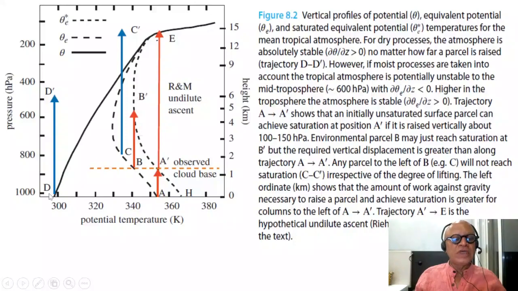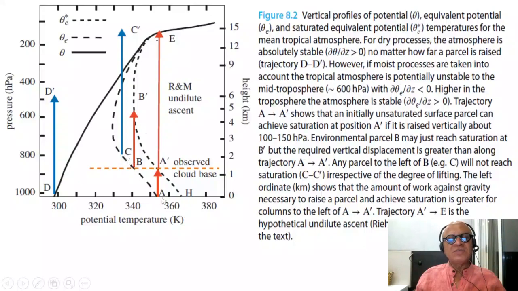We already know that when you raise an air parcel from the surface as a dry parcel, there is no condensation heating, there is no buoyancy change. It is just the pressure effect. So this is stable. No matter how much you raise it in the atmosphere, you're not going to cause any instability.